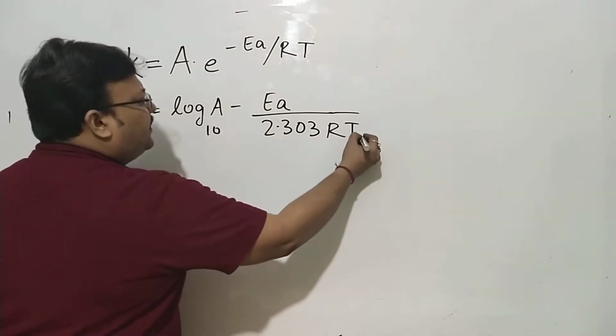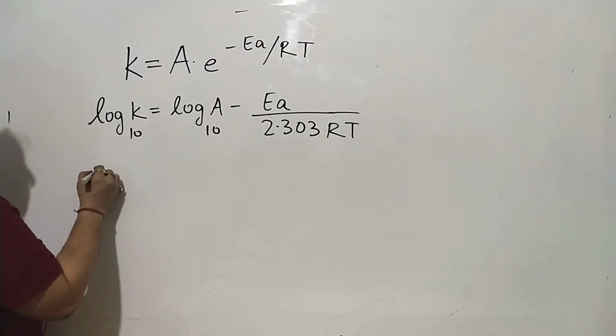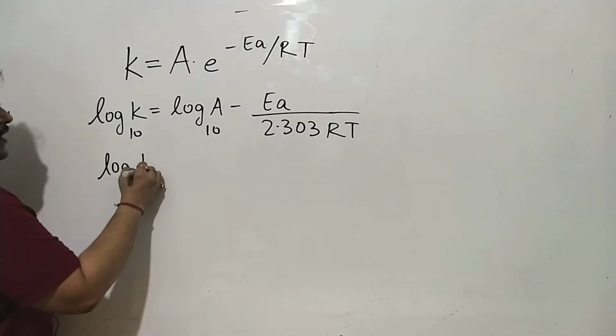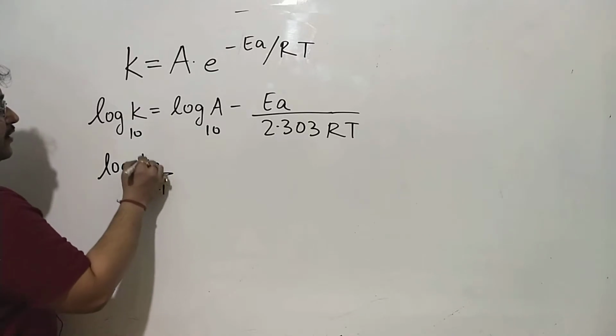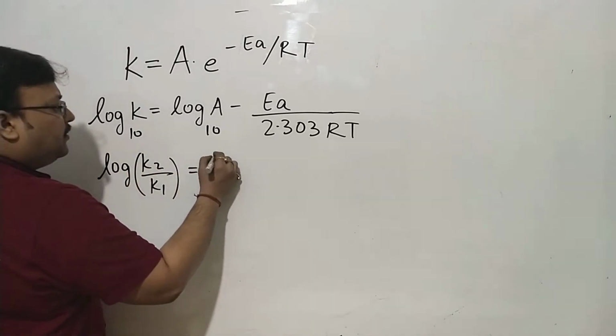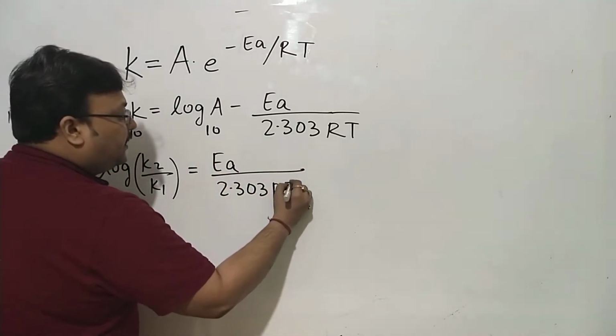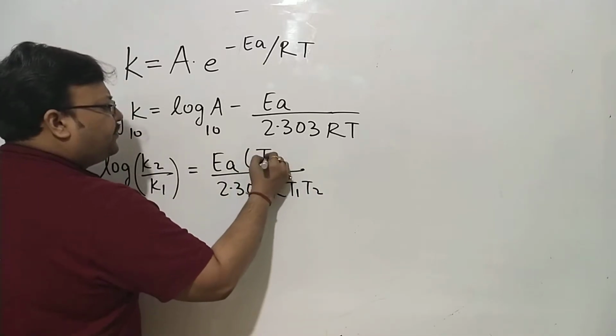And at temperature T1, if the value was K1, at temperature T2, the value was K2. And we finally got this very important equation where at two different temperatures, the value of K could be written or obtained by this very popular equation.